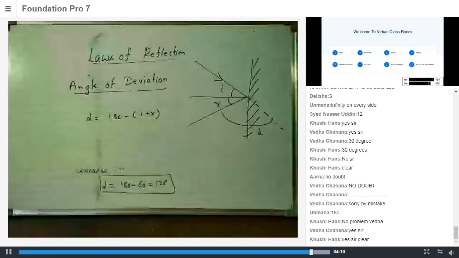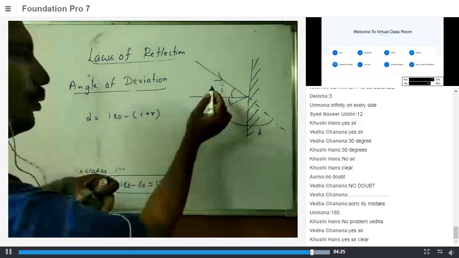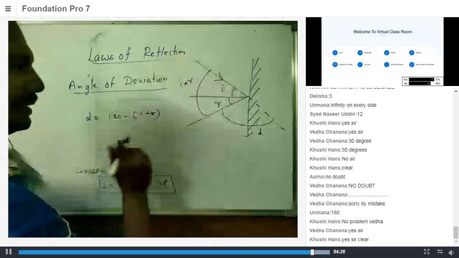Just check it. Can I write D equal to 180 minus I plus R? Yeah, I don't think so. You don't think so? No problem. See, this whole part is how much? This whole part is I plus R.